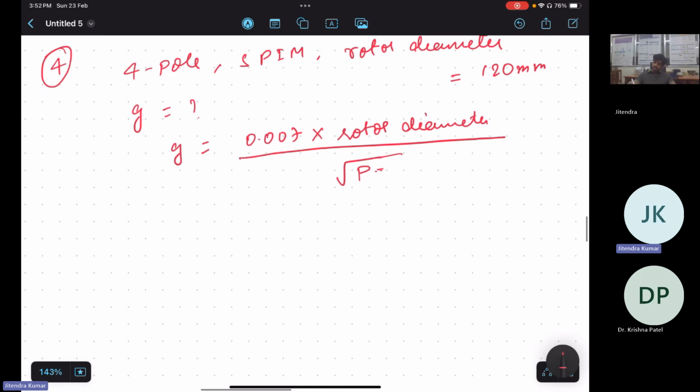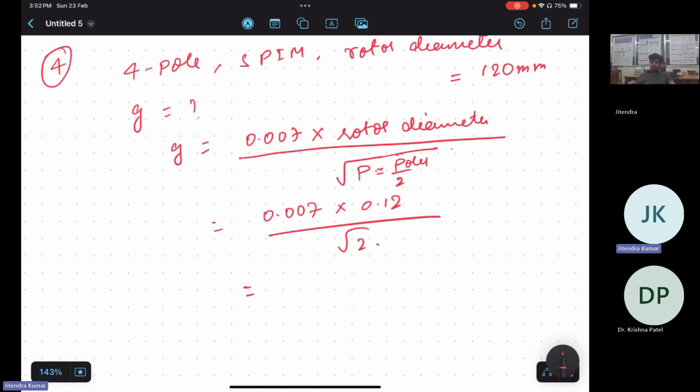So we can write P is equal to P by 2, right? So this was the one you were asking, right? In the beginning.